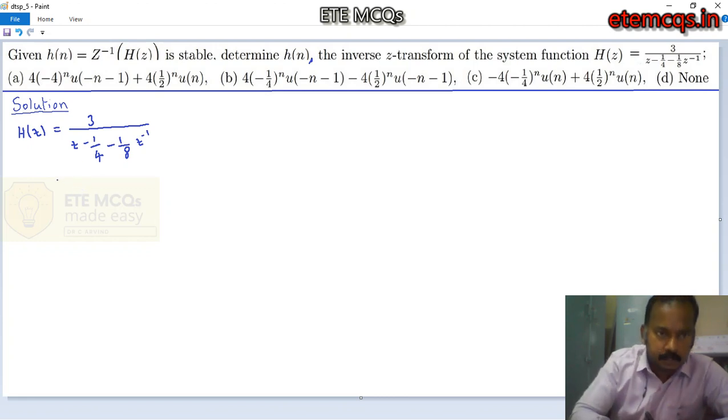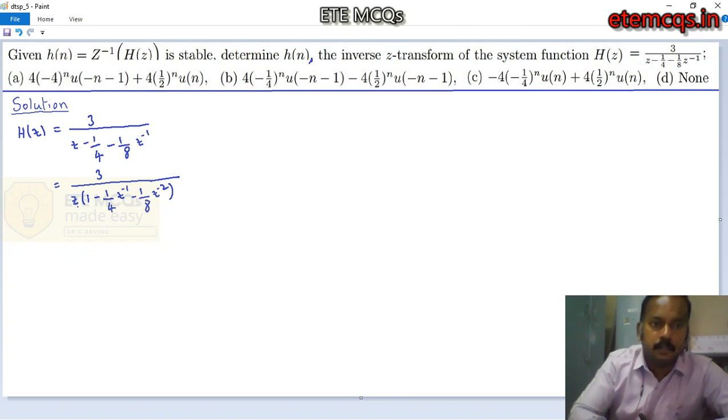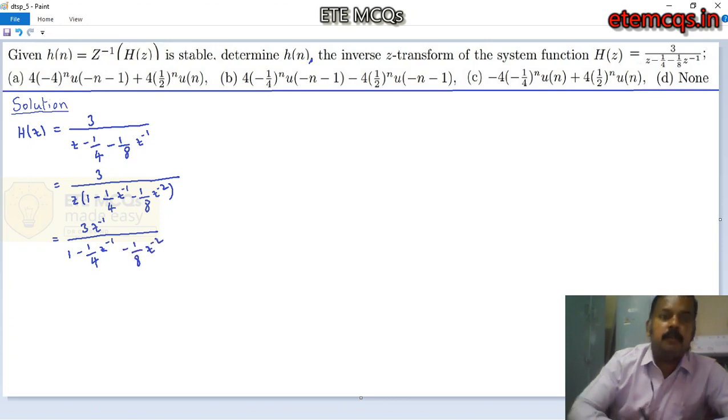Now you take z common in the denominator. You have 3 divided by z into 1 minus 1 by 4 z inverse minus 1 by 8 z power minus 2. You take this z in the denominator to the numerator, and you will get 3 times z inverse divided by 1 minus 1 by 4 z inverse minus 1 by 8 z power minus 2.